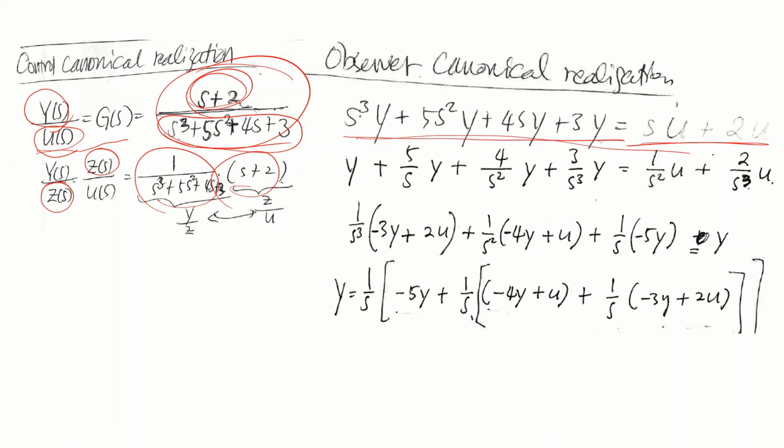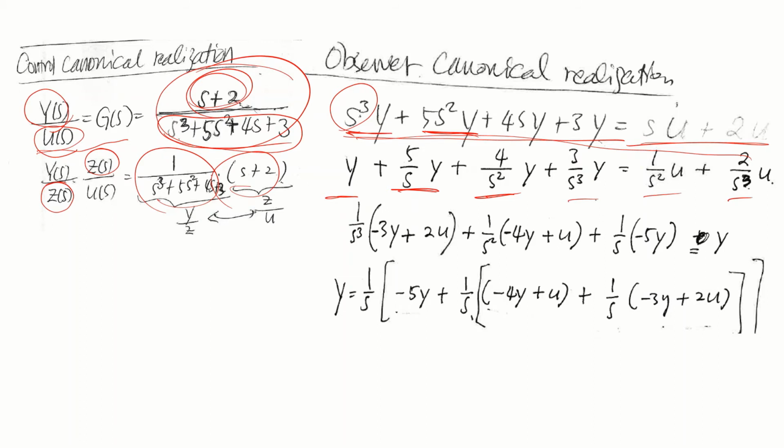Once you have this, you divide the whole equation by the highest power of s. So this one becomes y, and this one becomes 5 times 1 over s squared, etc. Okay.